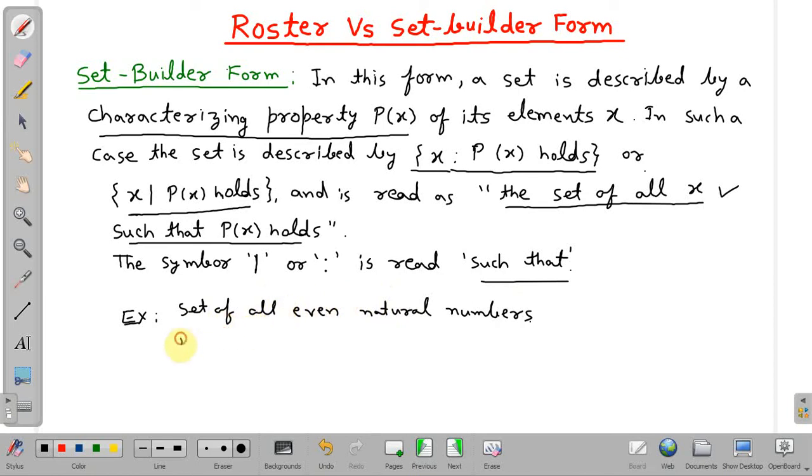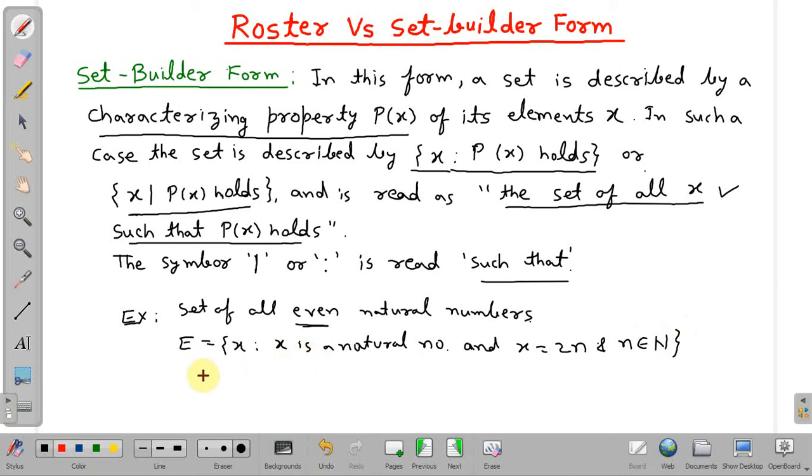We can write E equal to {x : x is a natural number}. But is it sufficient? Here we are only telling that x is a natural number. What about even? So we should also write x equal to 2n, and n is an element of natural numbers. Now it defines the set completely.